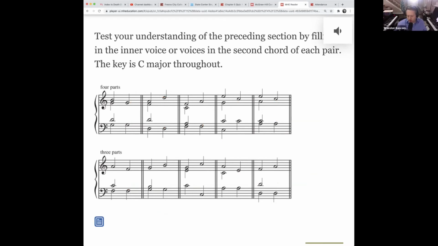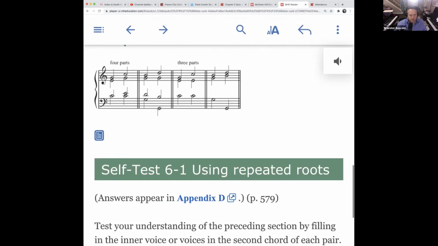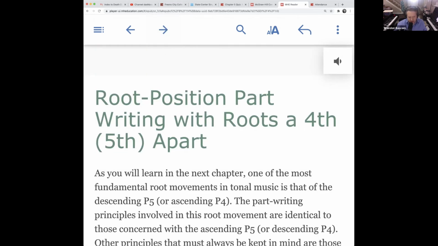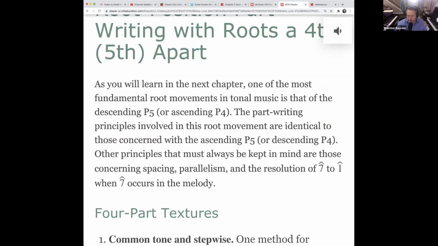Okay, we are going to go on to part writing with the bass being a fourth or fifth apart. Now, this is the most important part of the whole chapter. And this is the part you need to know for life.